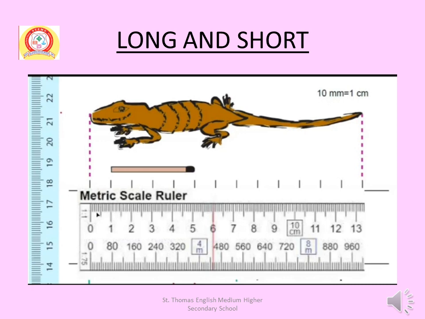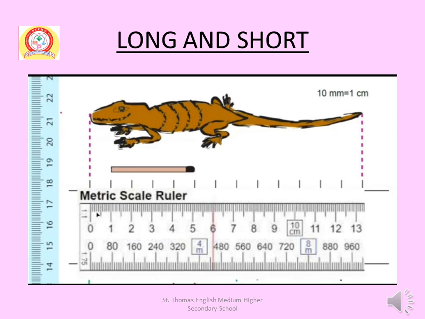Each division, that is 0 to 1, 1 to 2, 2 to 3 and so on, is a measure of 1 centimeter. Now again the divisions from 0 to 1, 1 to 2 up to 14 to 15 are further divided into 10 smaller divisions.